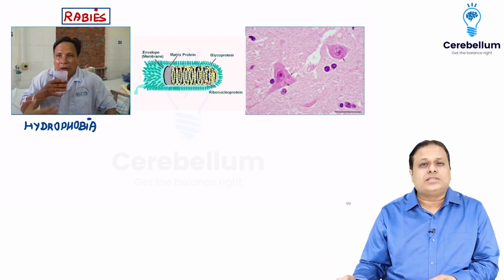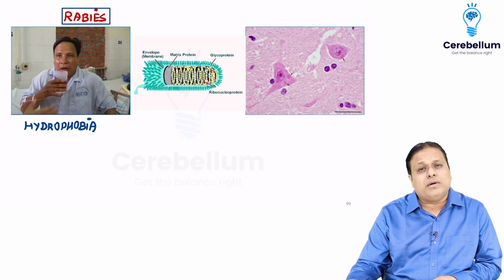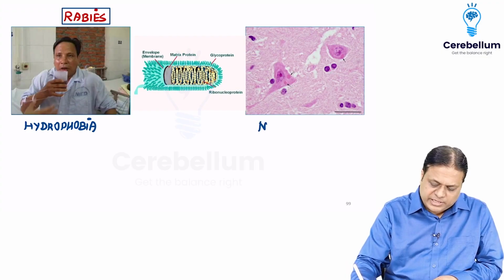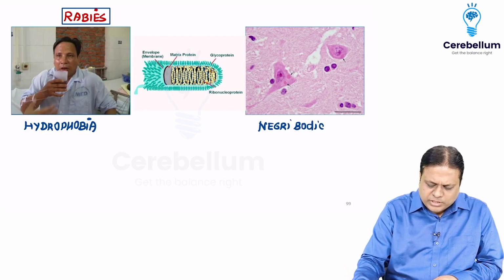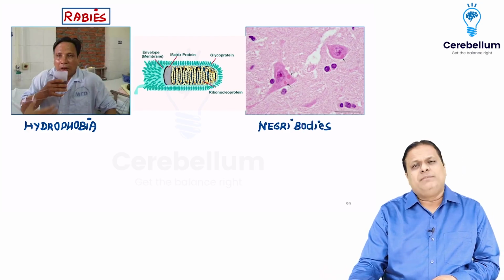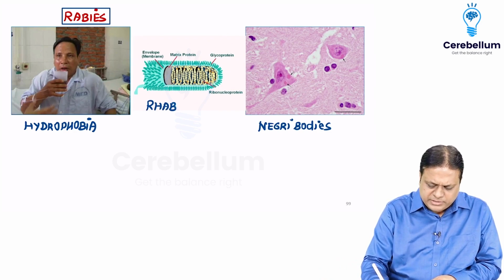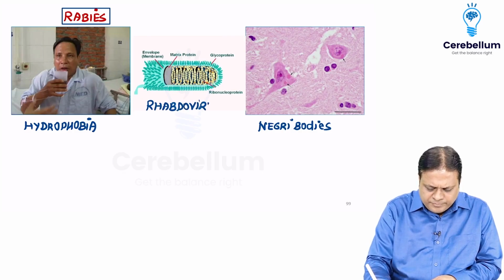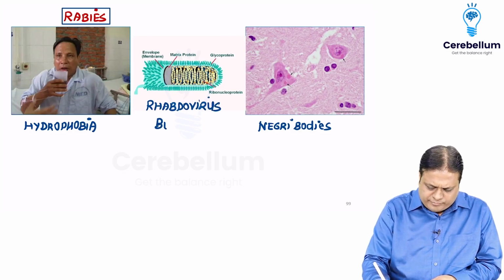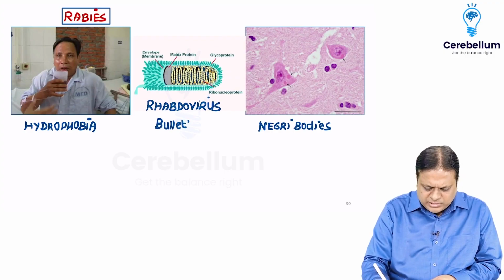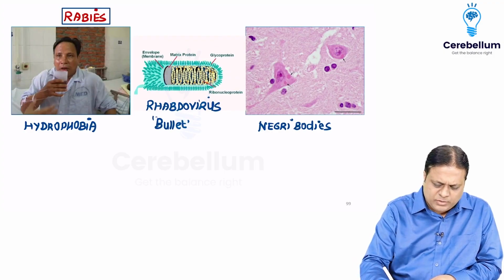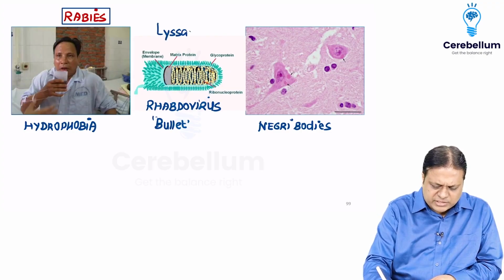What is shown in the third image is the pathognomonic microscopic feature, that is Negri bodies, mainly found in the hippocampal area. In between, the second image is the bullet-shaped rhabdovirus family, and this particular rabies is due to Lyssavirus 1.